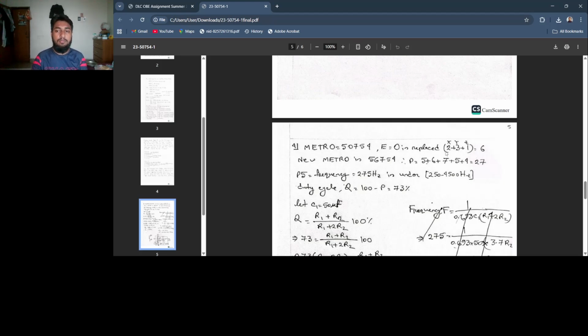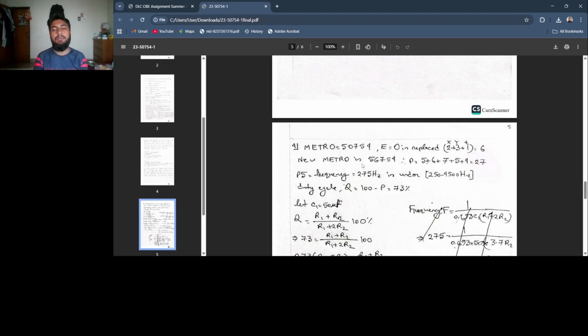So x is my ID number 2, y is my ID number 3, and z is my ID number 1. I add these three things, then my result is 6. I replaced 0 with 6, and my metro number is 56754.